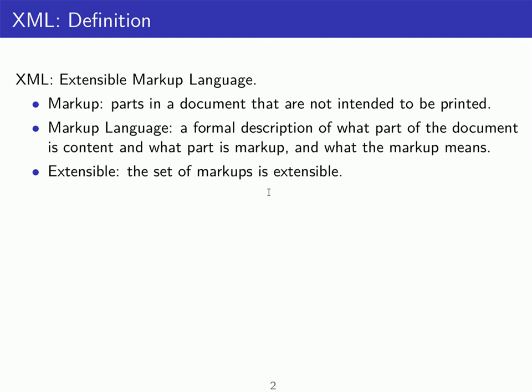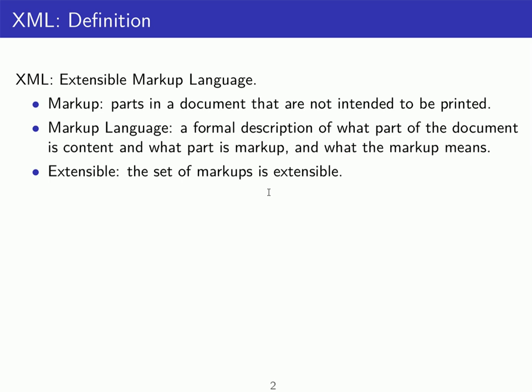Markup, generally, is the tags we put on a document to serve some specific purposes. For example, to explain part of the document or to specify which font should be used in displaying part of the document.